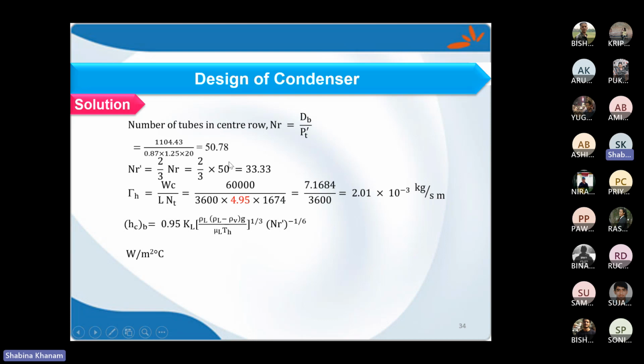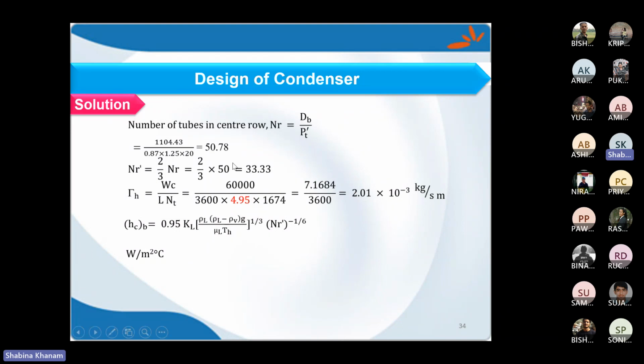Now in this case, you need to consider NR as a complete number, because NR is the number of tube rows, which cannot be in decimal, as we discussed for NCV and NWV for Bell's method.